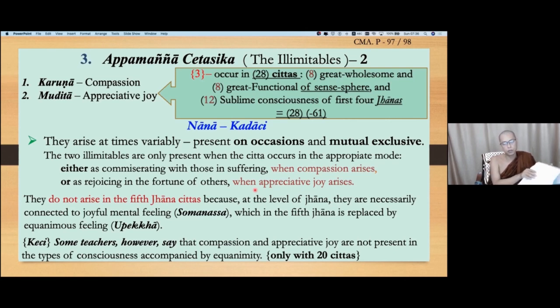This is about the Abhidhamma. So we need to know the karuna is with the great wholesome. When unwholesome consciousness arises, we can understand there is no compassion in that mind at that precise moment. And also, at the precise moment of seeing, the moment of seeing is included under the rootless consciousness, rootless types.